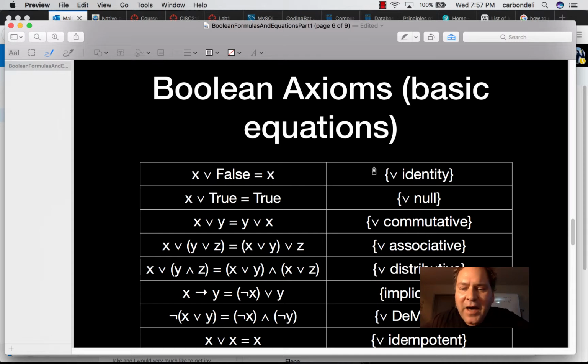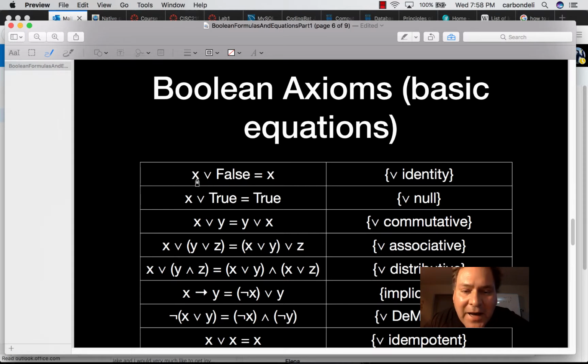So we have OR identity. If you already know how logical OR works, it's not too difficult to see the truth in some of these axioms. So, for example, the only time logical OR is false is when both its operands are false.